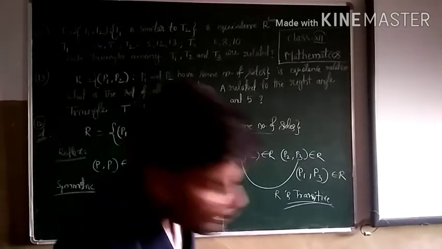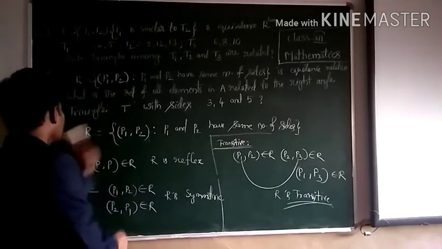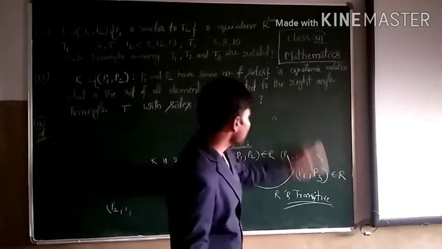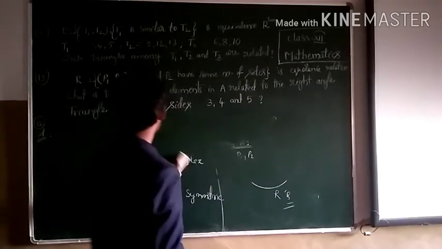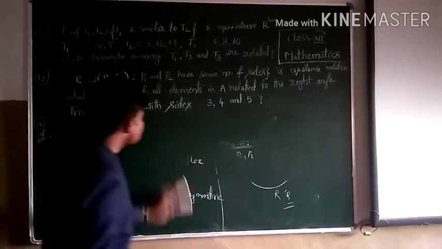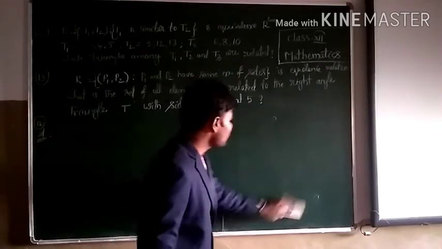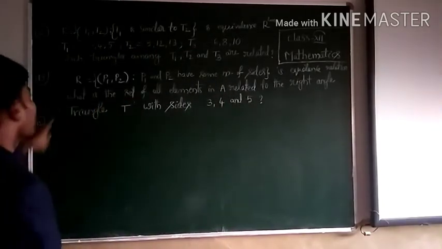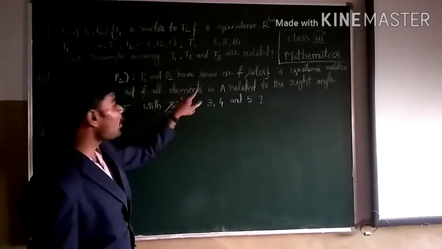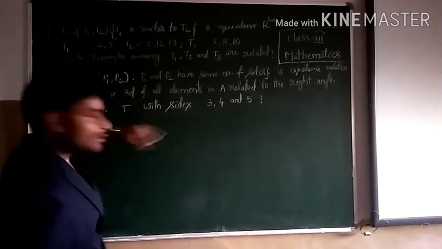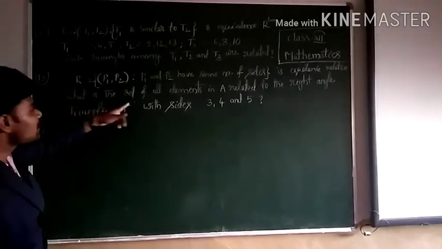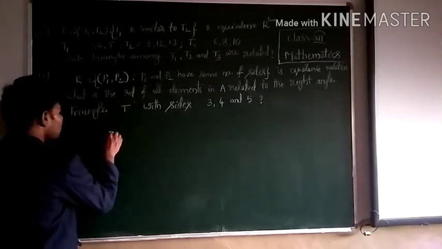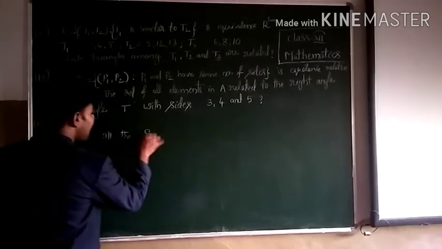See, we have one more question in this. That is, what is the set of all elements in A related to the right angle triangle with sides 3, 4 and 5? What are those elements in set A they are asking? Those elements are all triangles only, the set of triangles.